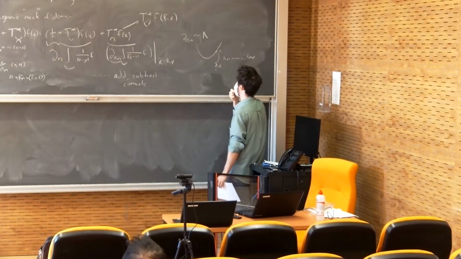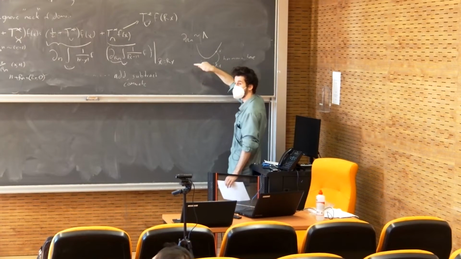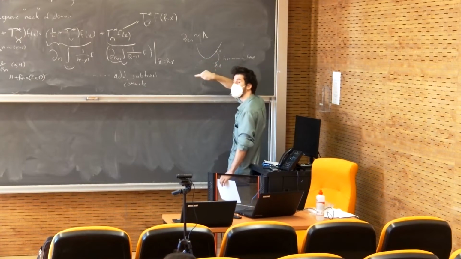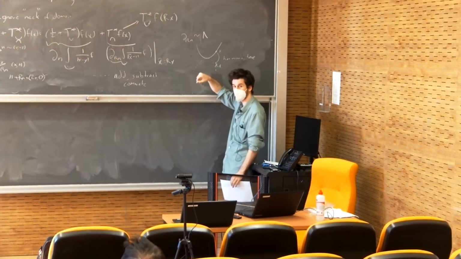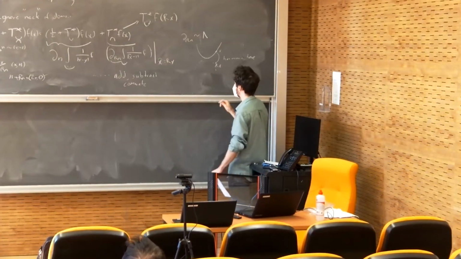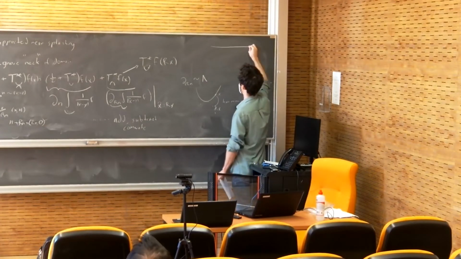The operator that converts your trace of a harmonic function on this surface to a trace of a harmonic function on this surface is going to be given more or less by the Poisson transform.